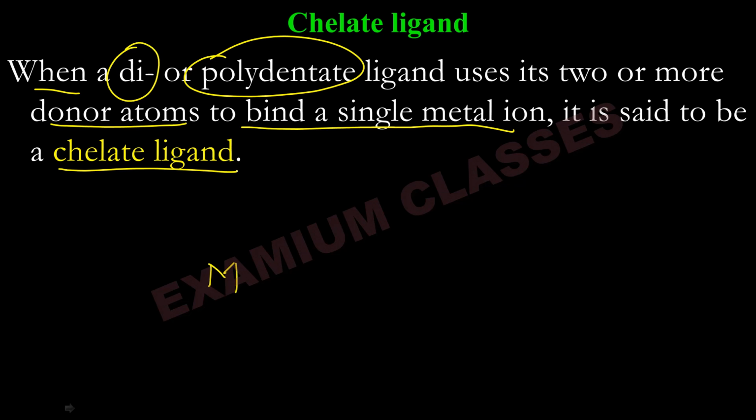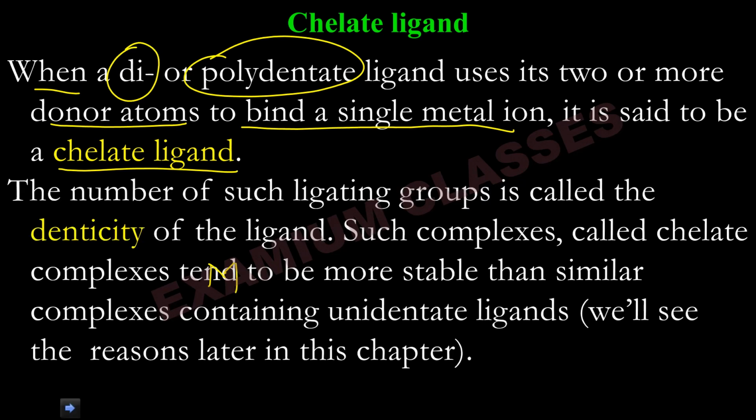Similarly here, didentate, polydentate, chelate ligands. Okay. So polydentate ligands are chelate ligands. There, how many coordinate bonds they have is called denticity. So didentate, denticity will be 2. Tetradentate, denticity will be 4. Hexadentate, denticity is 6. So if you are asked what is denticity, this is how many coordinate bonds are there.